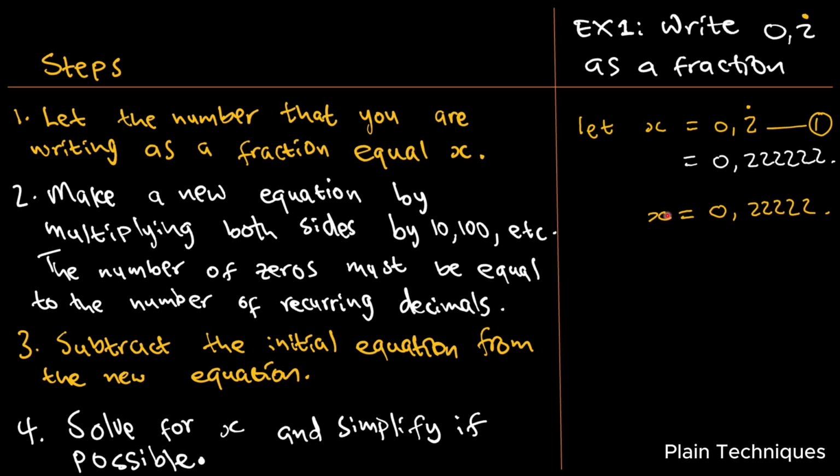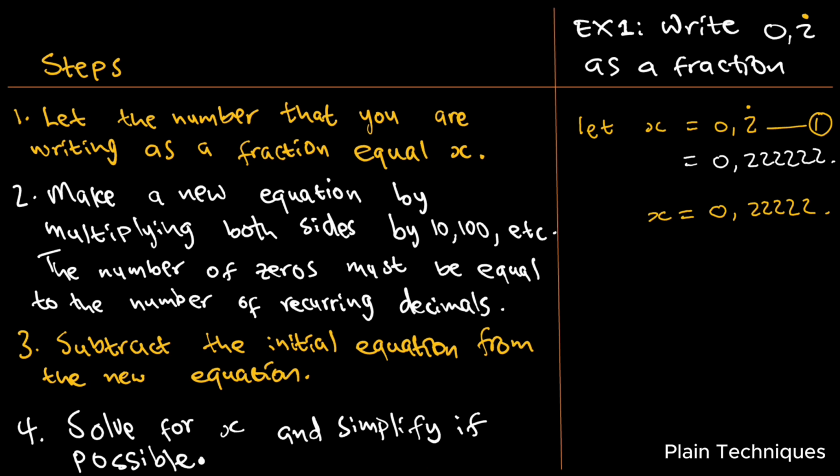I want to multiply it by 10. We established that we're going to multiply it by 10. Why? Because we only have one recurring decimal. Therefore, the number of zeros will be 1. That is why we multiply it by 10. So I'm going to put 10 here and multiply by 10 on that side.